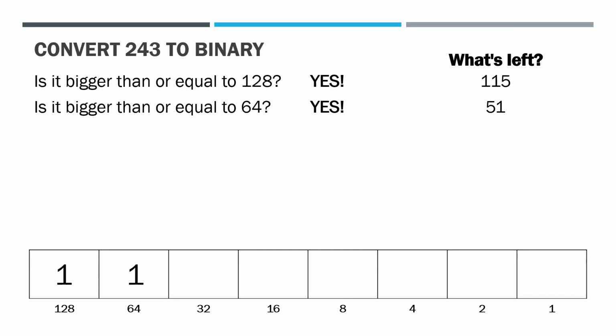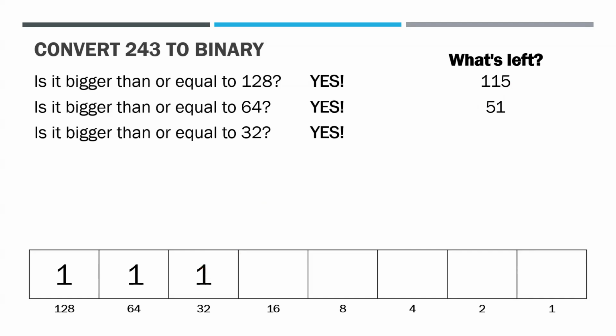Moving on, same question, except now we're down to the 32s. Is 51 larger than or equal to 32? Yes, it is. So there's a 32 that we need as well.